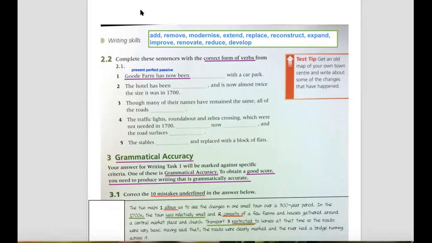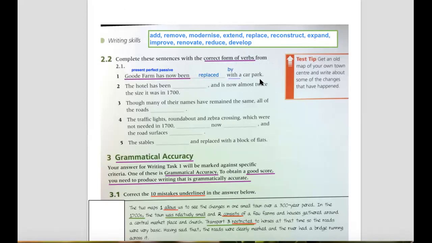So meaning it was taken away and something else was put there. So here we can use the word replaced. Okay, and have a look here. We always use replaced with, or we can say replaced by as well. So both of these prepositions are correct.